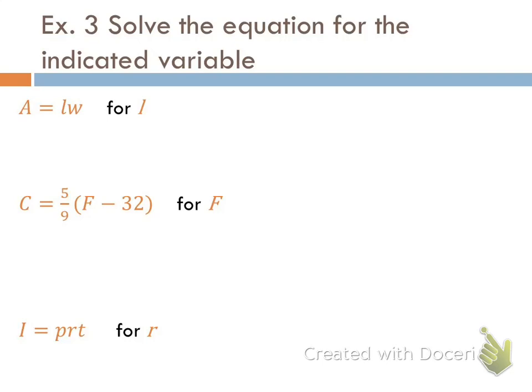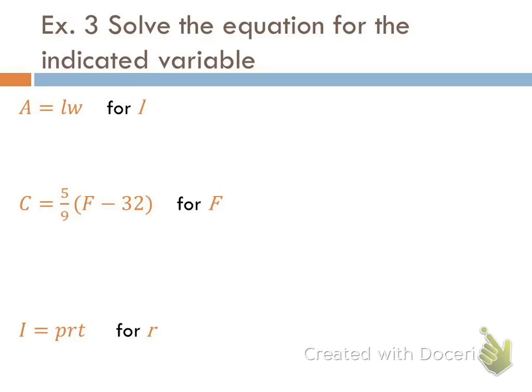We are going to follow the exact same order, the exact same pattern as if I had numbers in one variable, okay? They want us to solve for the indicated variable. What that means is whatever variable they tell us, like in this first problem for L is what I want to get by itself. So my final answer should say L is equal to whatever it may be equal to.